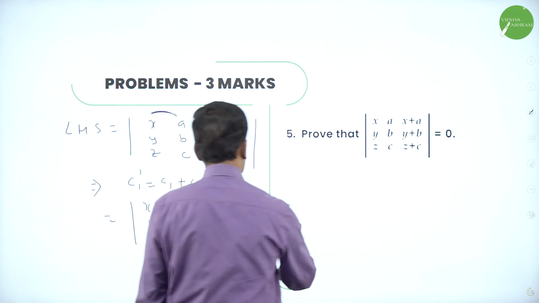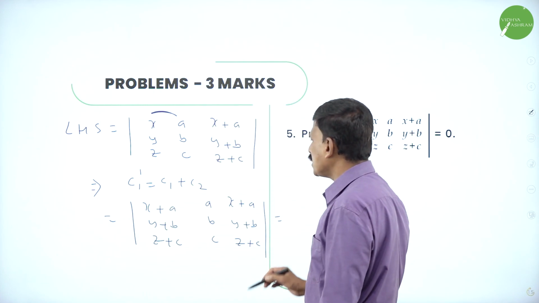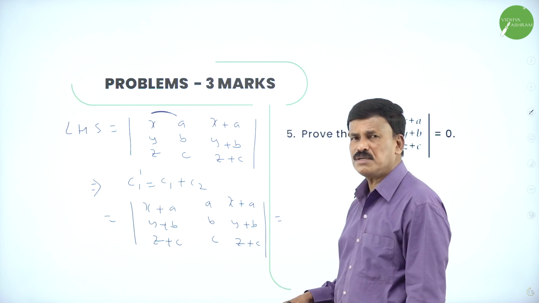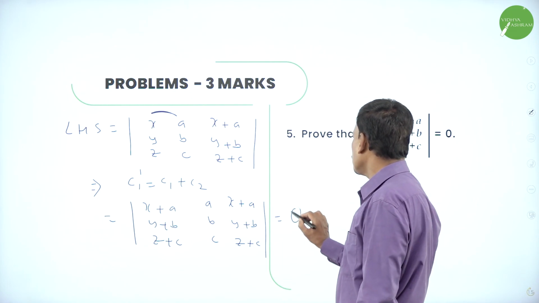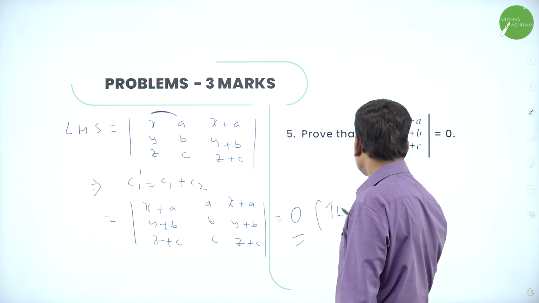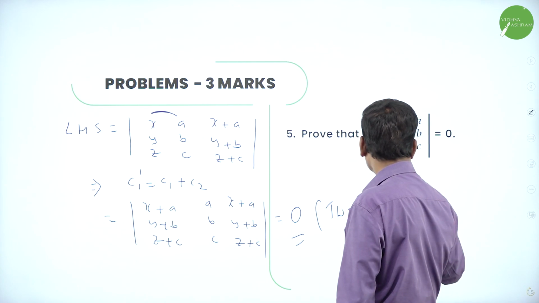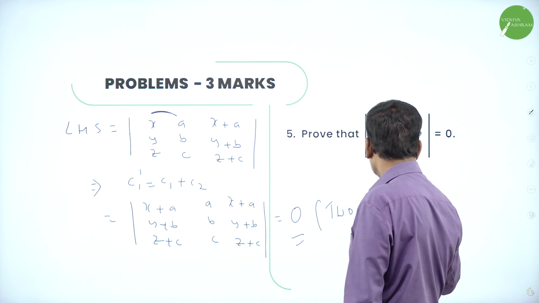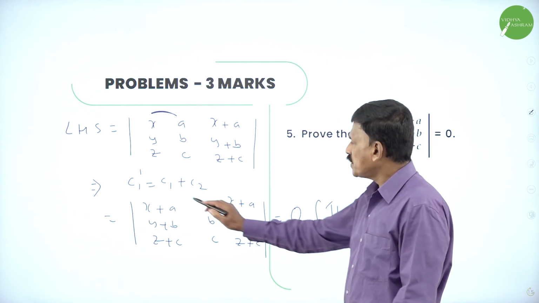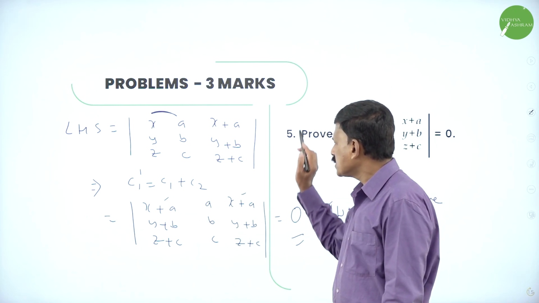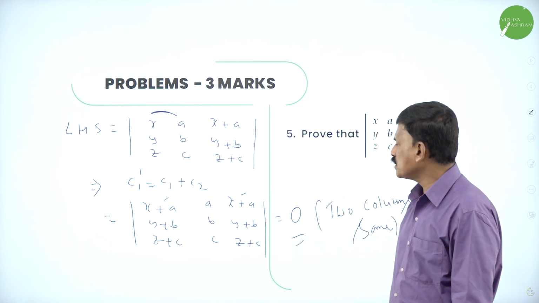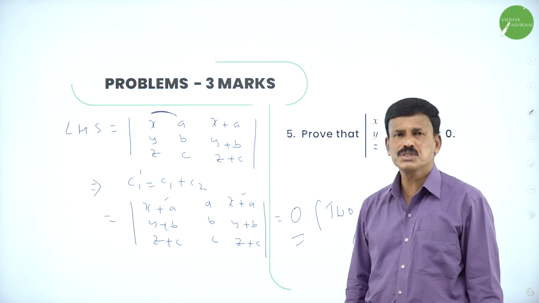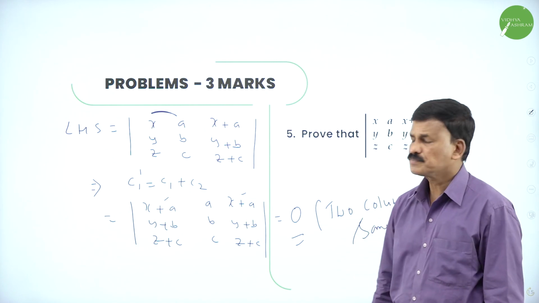So you can remove the common factor, or straight away you can say, since two columns are the same, first column and second column are the same, therefore the value of the determinant is equal to 0. First column and second column are the same: x plus a, y plus b, z plus c. Therefore, this is equal to 0. The simple way, that's all.